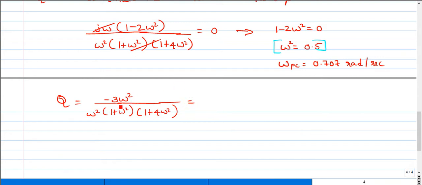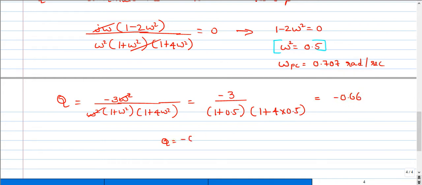So you can see omega square gets cancelled. Finally I am left with minus 3 by 1 plus omega square, which is 0.5, followed by 1 plus 4 into 0.5. So this will give you minus 0.66. So this is the value Q, that is minus 0.66.